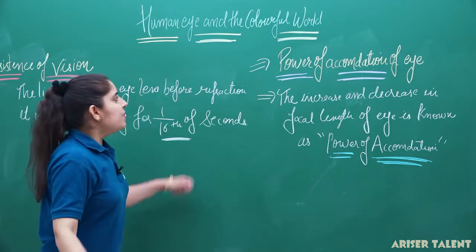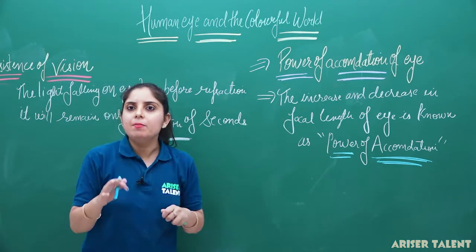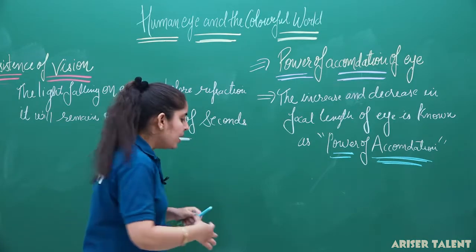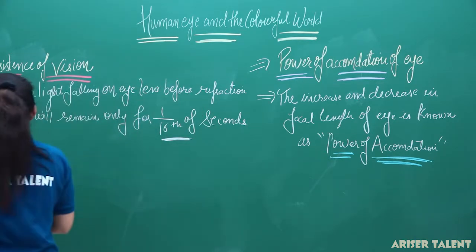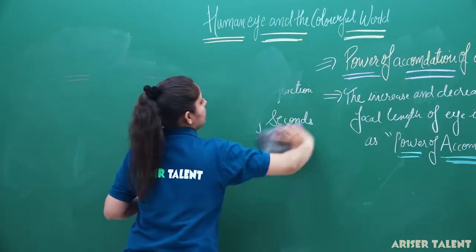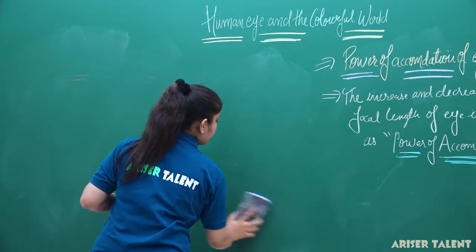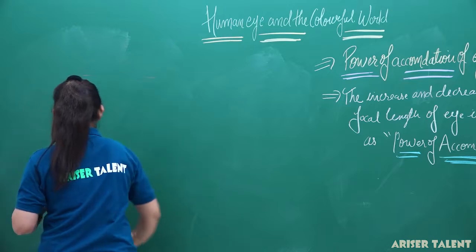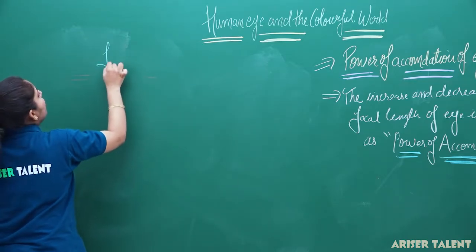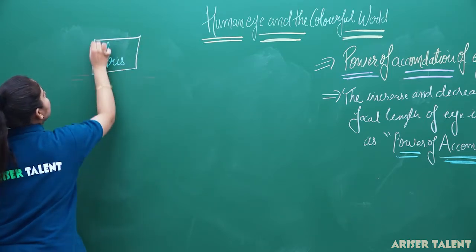Now we will simply draw a flow chart, a mind map, to remember all these things, so that these things can be easily understood by you. Let's try to understand it in easier ways. You have a part in your eye that is the iris.